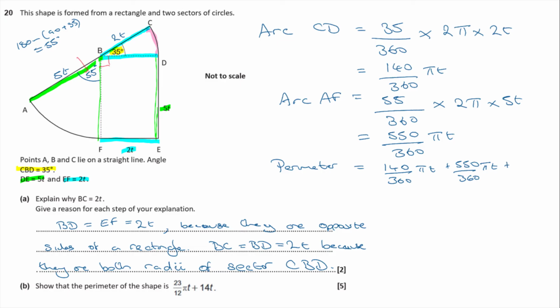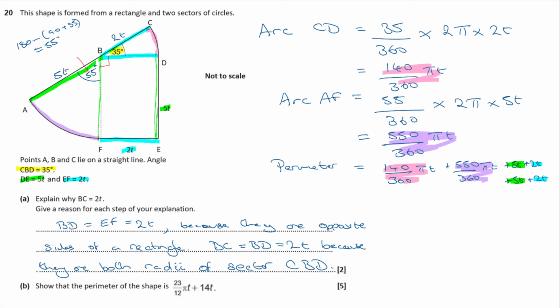So we've got plus 5t plus 2t plus 5t plus 2t. Okay? So this bit here is the pink bit, and then this is the purple bit down here, which we calculated here, which I've written here, and then I've got two green lines and two blue lines. That's where my perimeter comes from, all the bits.